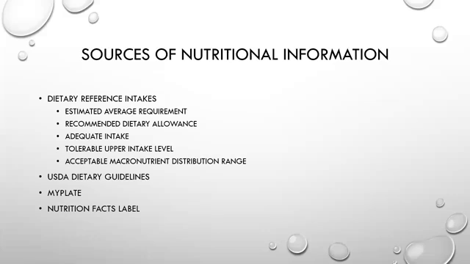Estimated average requirement, or EAR, is the amount of a nutrient that is estimated to meet the requirement of half of all healthy individuals within a given age group. Essentially, it is the average amount of a nutrient to meet the requirements of the body in a given age group. That's your estimated average requirement.